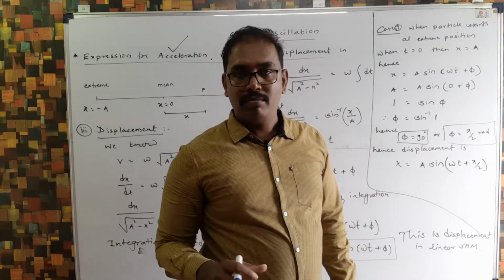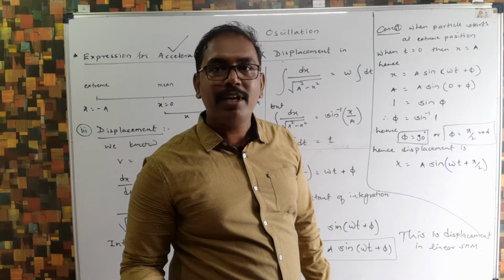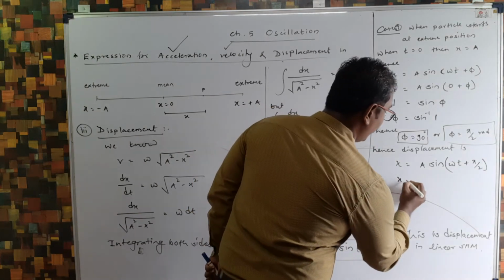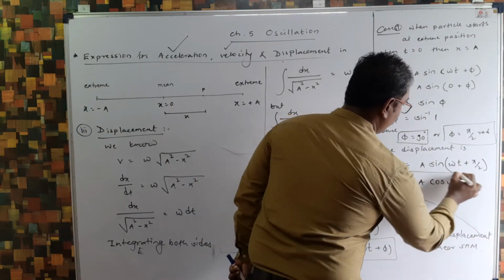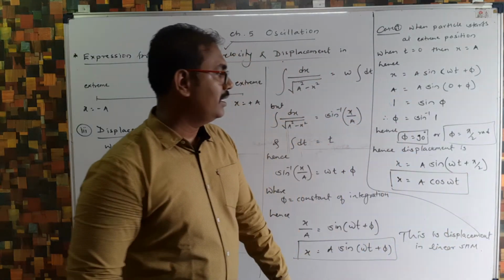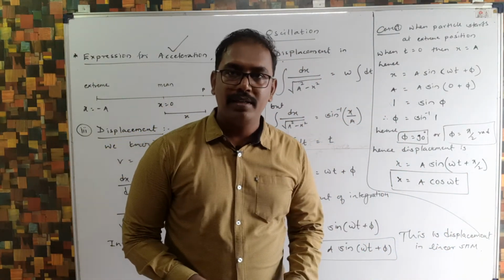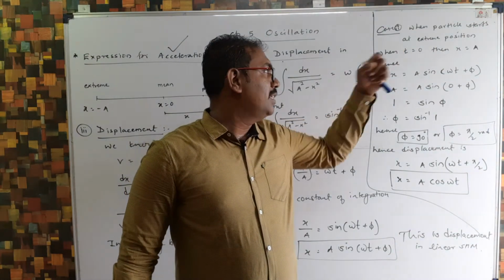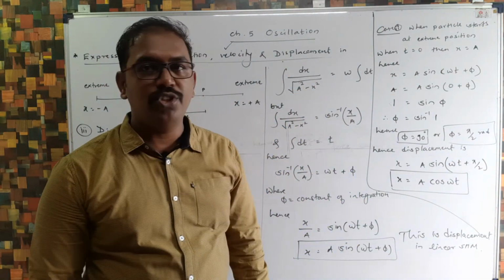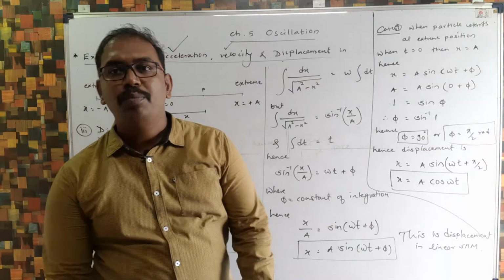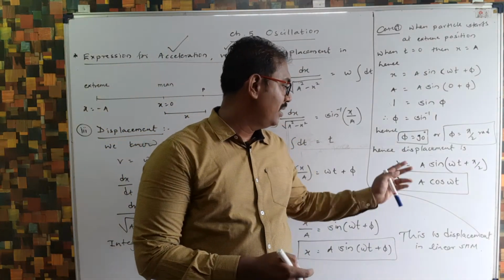Sine of any angle plus 90 is coming cos. So we get x is equal to a cos omega t. And this is expression for displacement when particles start its oscillatory motion at extreme position. I hope everyone understood how we get this.